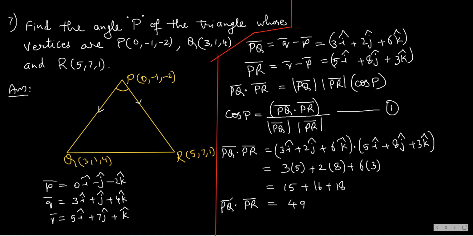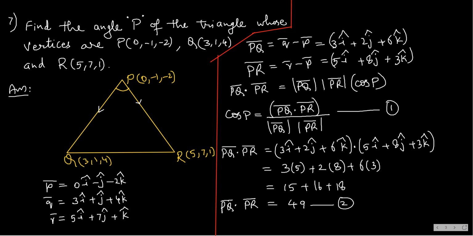Always remember that dot product gives you a scalar, that is a number. That is why the dot product is also known as scalar product. This is number 2. Next, I have found the numerator. Now I will go for mod PQ bar and mod PR bar.